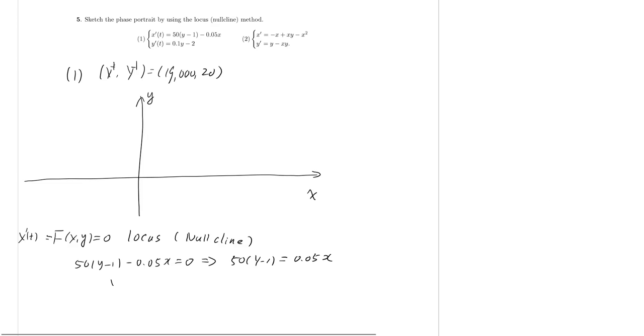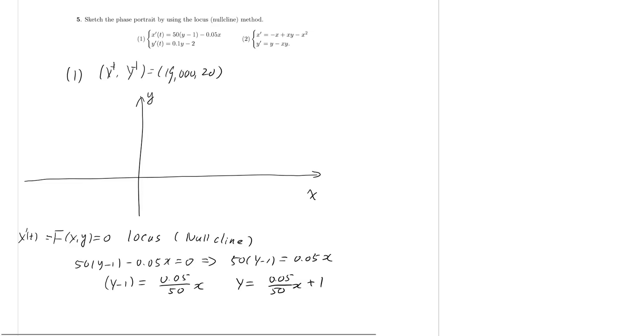And then we have y minus 1 is equal to 0.05 over 50 x. And then we have y is equal to 0.05 over 50 x plus 1.